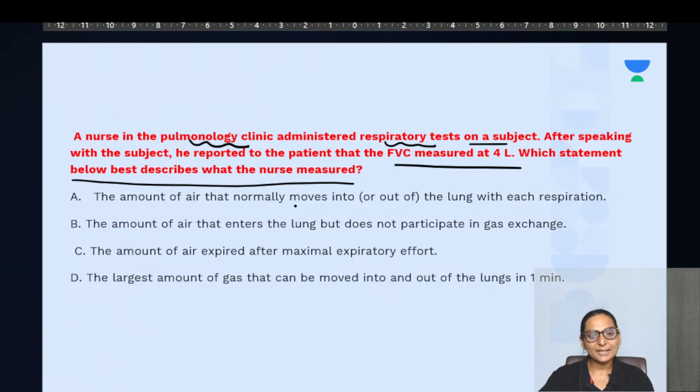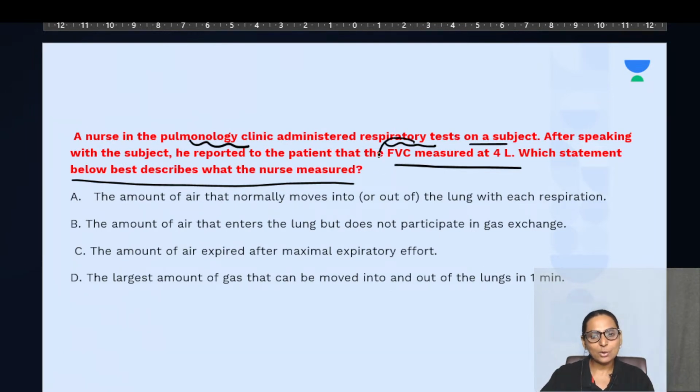The options are: the amount of air that normally moves in and out of the lung, the amount of air that enters the lung but does not participate in gas exchange, the amount of air expired after maximum expiratory effort, or the largest amount of gas that can be moved in and out of the lungs in 1 minute.